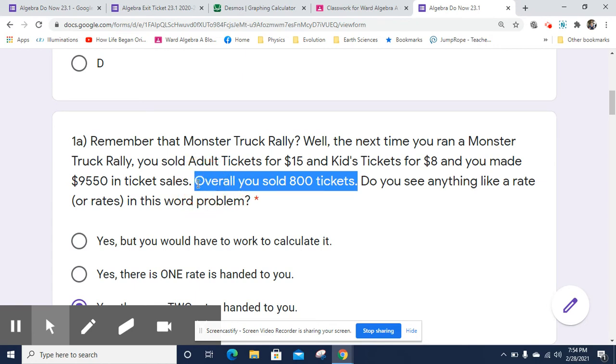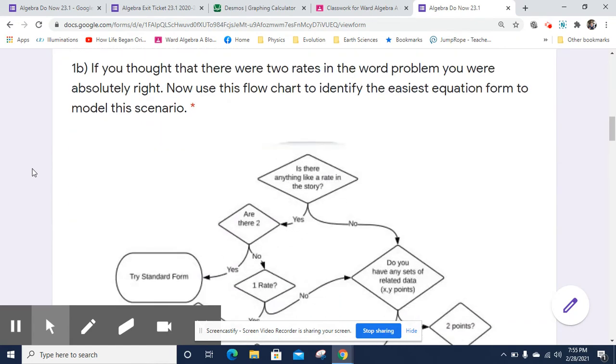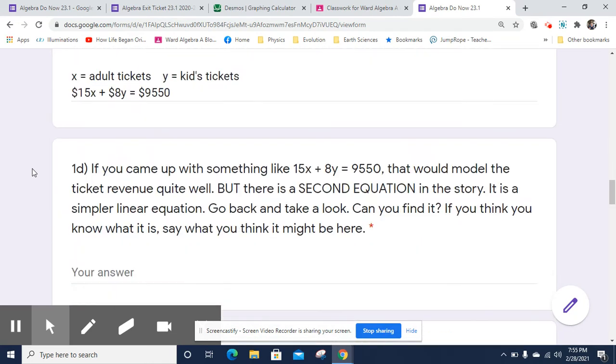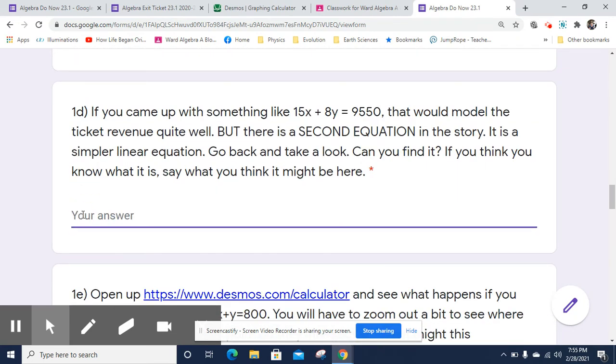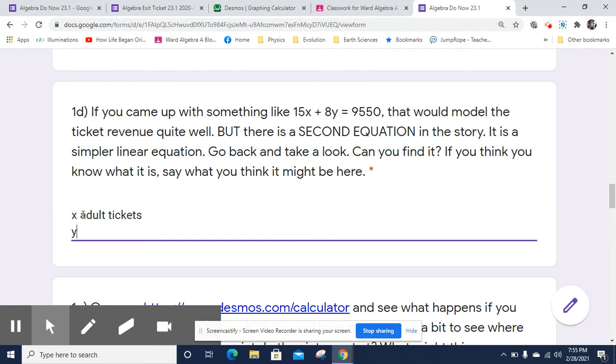That's another piece of information that we haven't used. We know there are X adult tickets and Y kids tickets, and overall 800 tickets were sold. Maybe we can set up an equation from that.